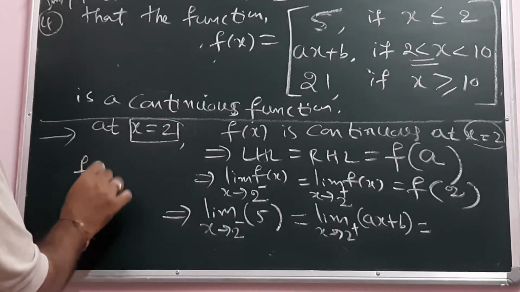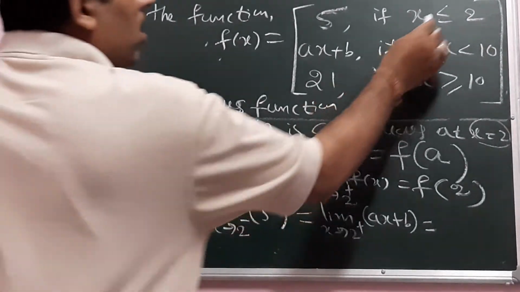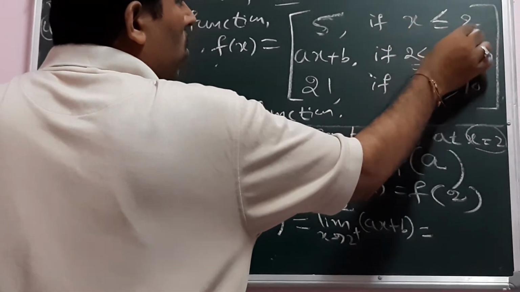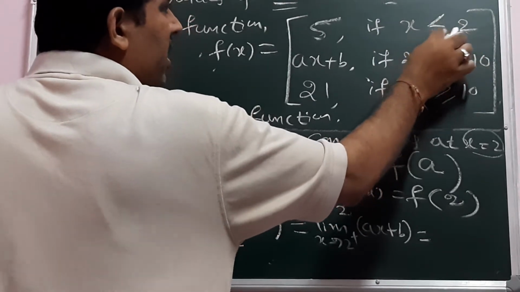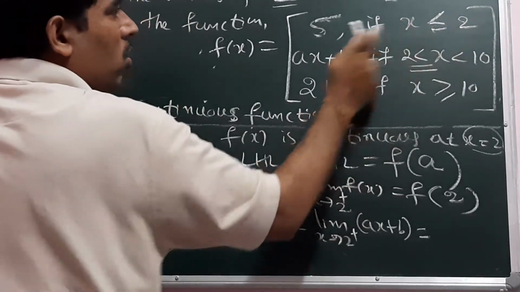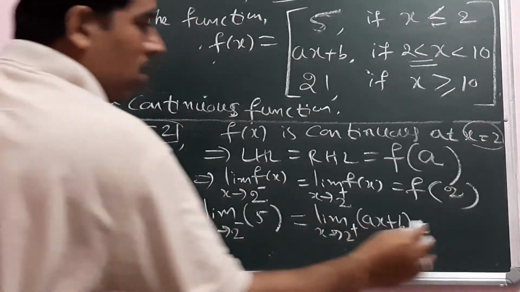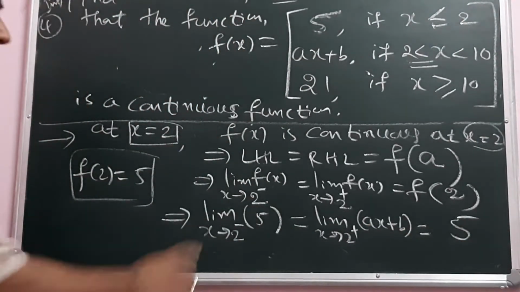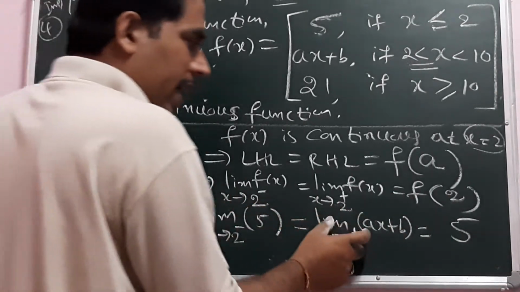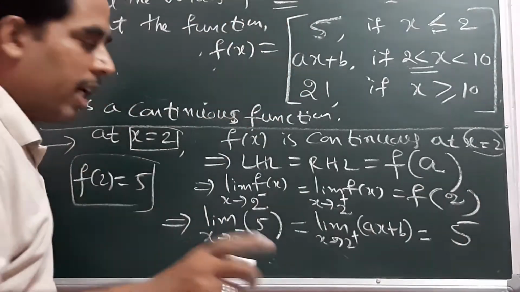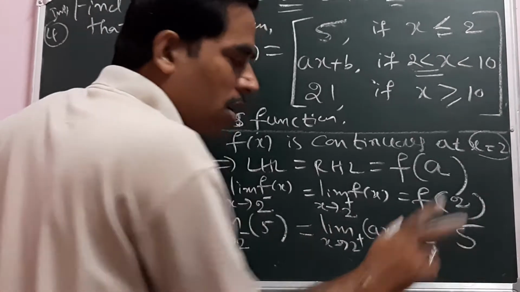Point 2 is included here, x is equal to 2 means the value of the function is once again 5. So f of 2 is 5. All the things are covered here: left hand limit, right hand limit, and value of the function.